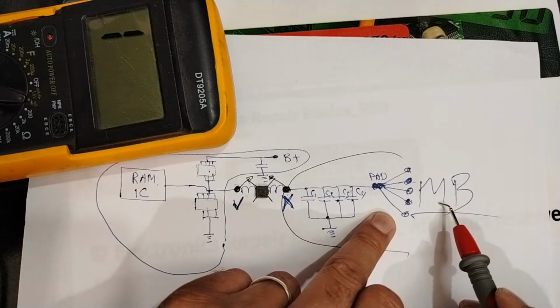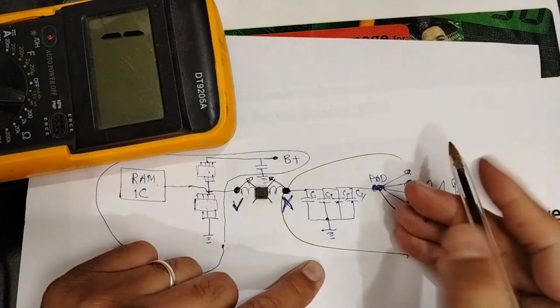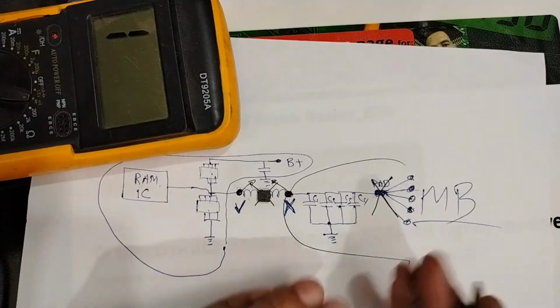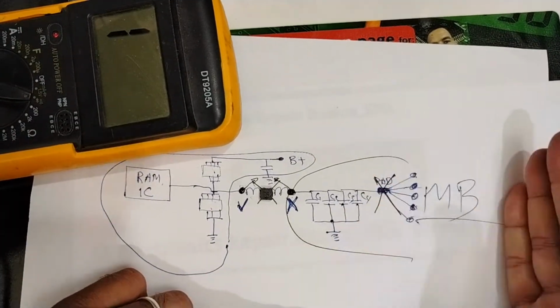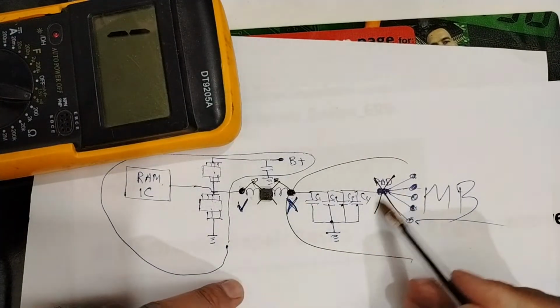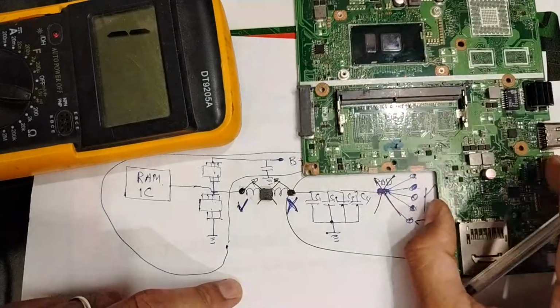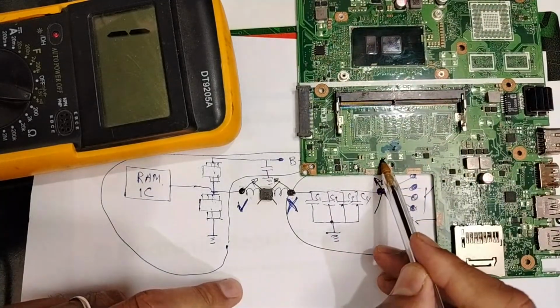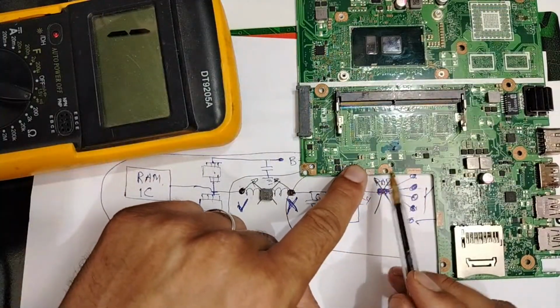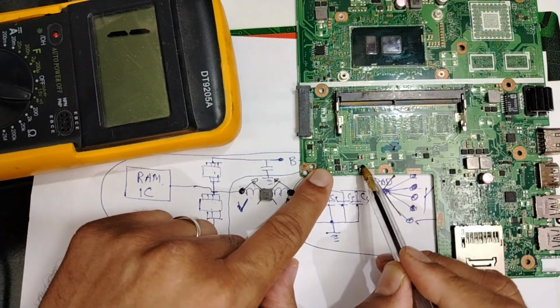So what we should do, we should remove this one. We should remove this pad here in order to isolate the motherboard from these ceramic capacitors. If we remove this pad and we find the short here, means one of the ceramic capacitors is the shorted one.